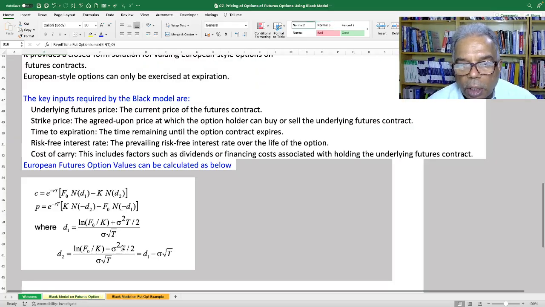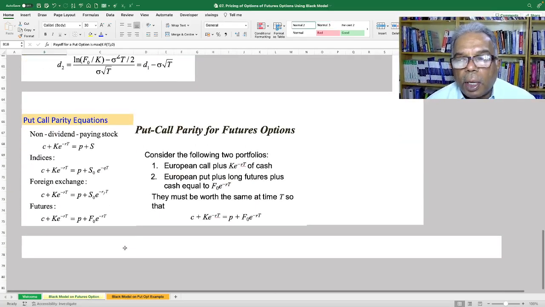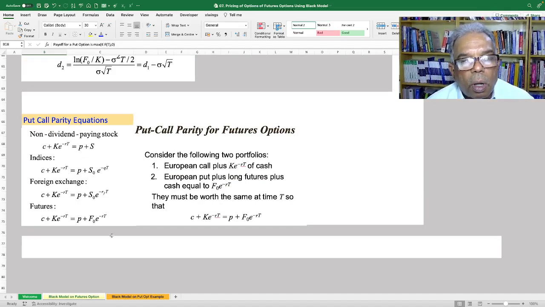One important thing: when we discuss put-call parity, we initially discuss it for a simple non-dividend-paying stock, where call plus present value of strike price is equal to put plus current stock price. If it is an index with a dividend yield, call plus present value of K is equal to put plus stock price times e^(-qT).